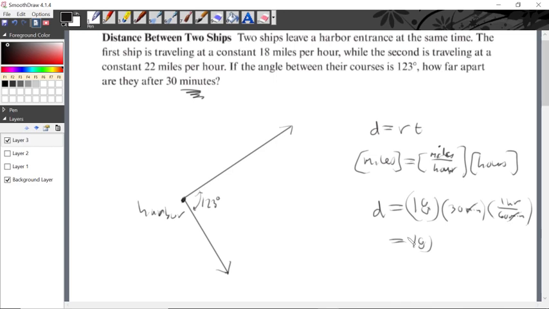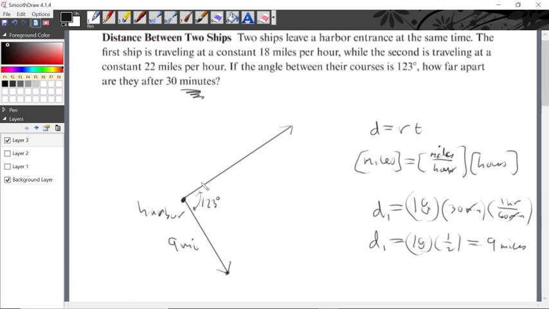In other words, we get 18 times 1/2. So the distance for ship 1, D1, is 18 times 1/2, which is equal to 9, measured in units of miles. That was the slower of the two ships, so I'm going to make that the smaller of these two sides. So this distance here is 9 miles.